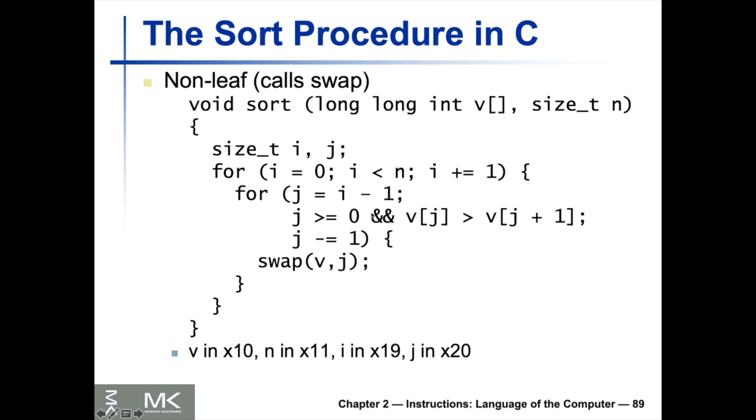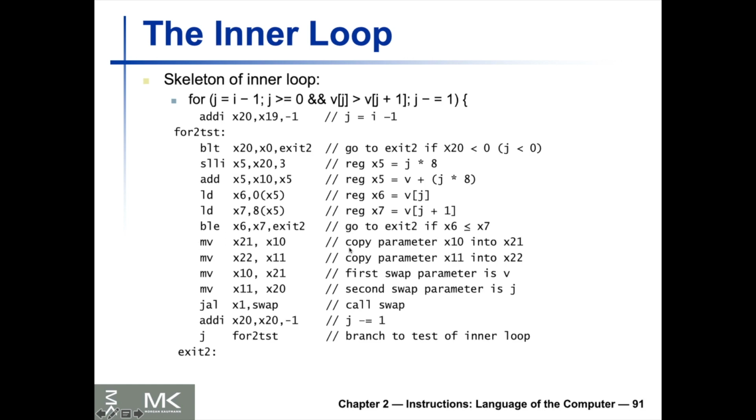So every time we have to reduce 1 from j, we need to check, first of all, that j is a non-negative integer, and then that v of j is greater than v of j plus 1. Then we need to swap that. Now let's see what's happening here in the inner loop. So that's the skeleton for that.